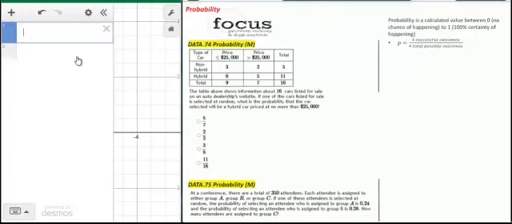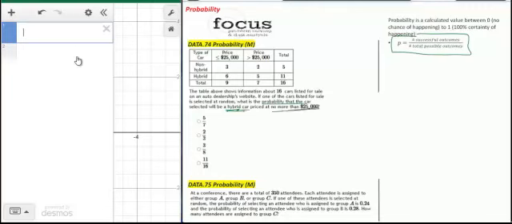Probability is a bit like percentage. It's calculated as the number of successful outcomes versus all possible outcomes. So when you're looking at probabilities, take the specific value that you're being asked to find. Here it says, what's the probability that a car will be a hybrid car priced at no more than $25,000?